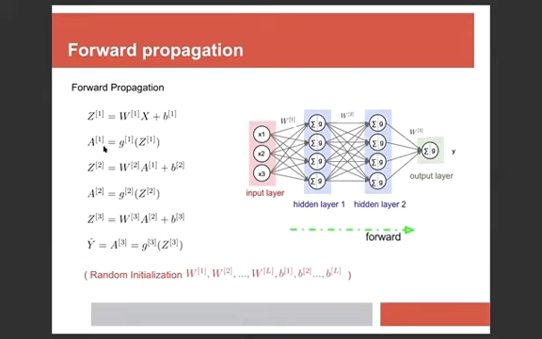So the output for the first layer will be A1 equal to G1 of Z1. Similarly, we have the same mathematical calculation for layer 2 and the output layer.